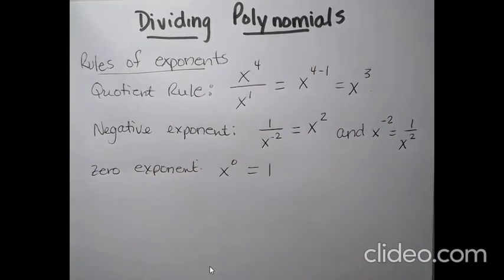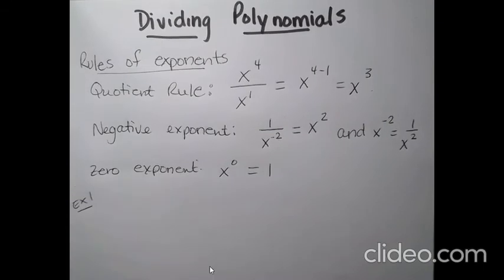So as we reduce, we always want to have our final answer with all positive exponents. So you want to move things around in the fraction to the place where everything is a positive exponent. So let's look at example 1.